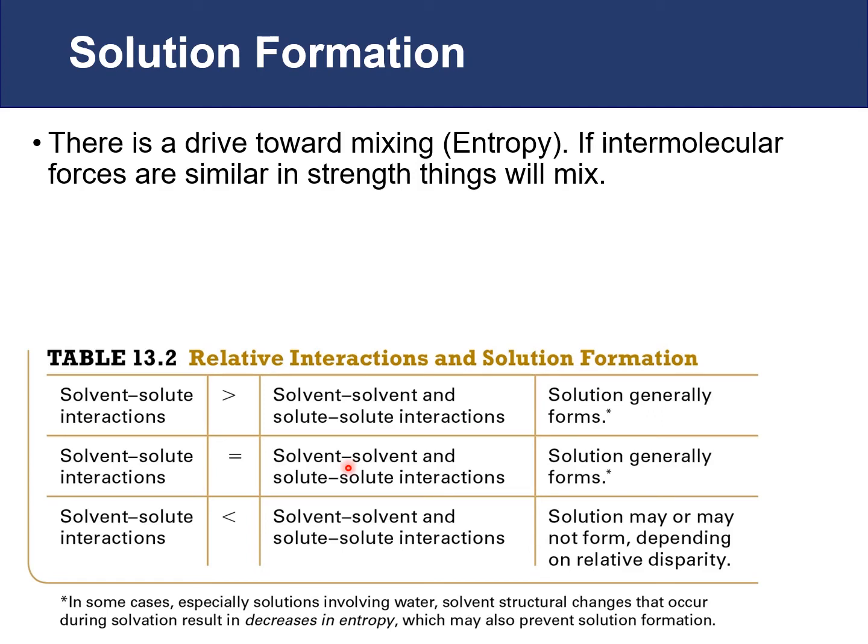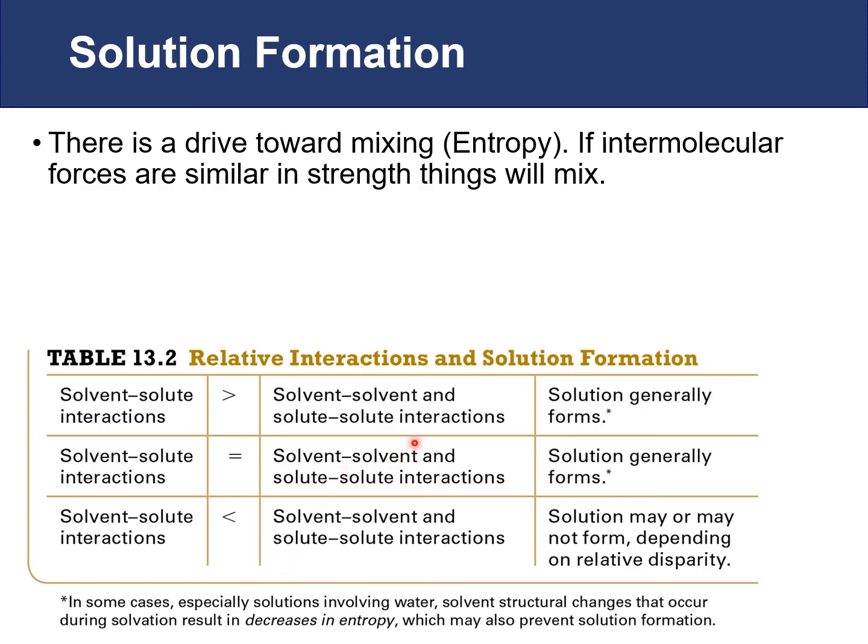We could also have a situation where the solvent-solute interaction is weaker than the solvent interacting with itself and the solute interacting with itself. In this case, a solution may or may not form depending on how big the difference is. This comes into play with the mnemonic, like dissolves like.